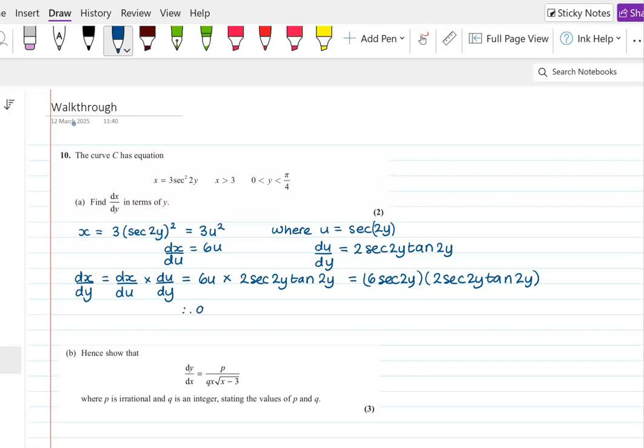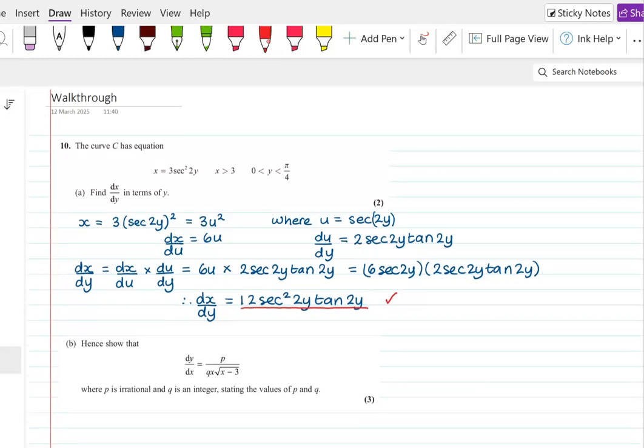So therefore dx/dy is going to be 12 sec squared 2y tan 2y. It said to find dx/dy in terms of y, and I do believe I have done it. So that is going to be my answer for part A, and that is actually correct.